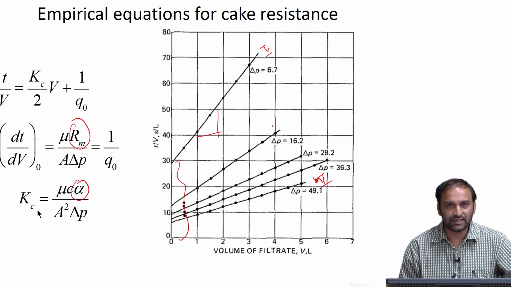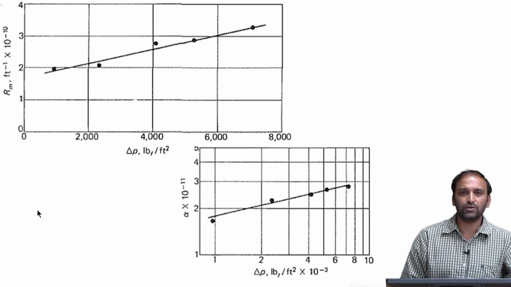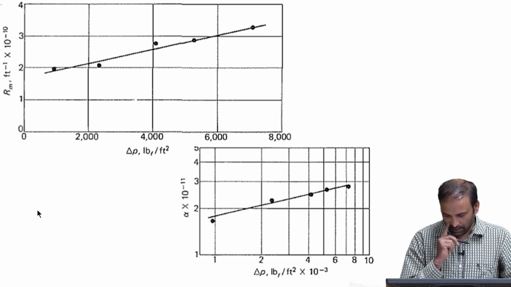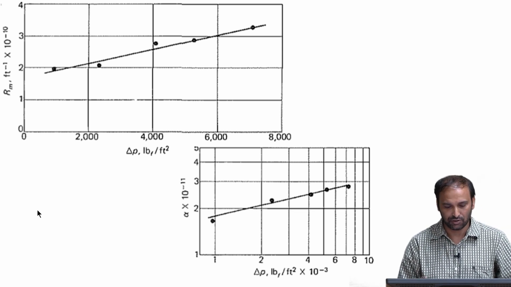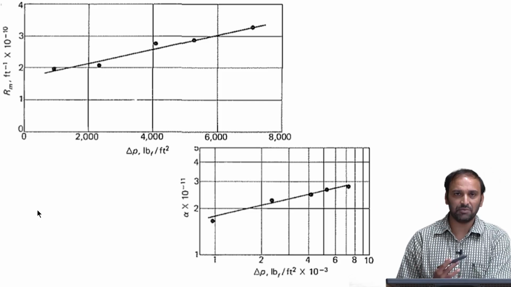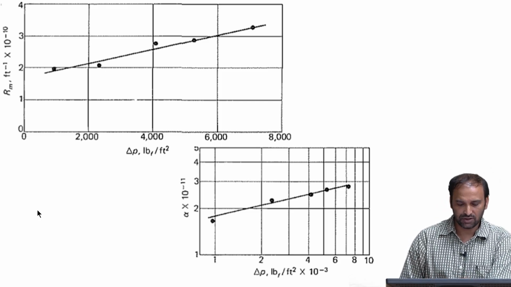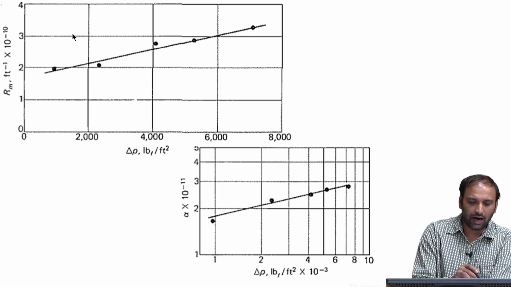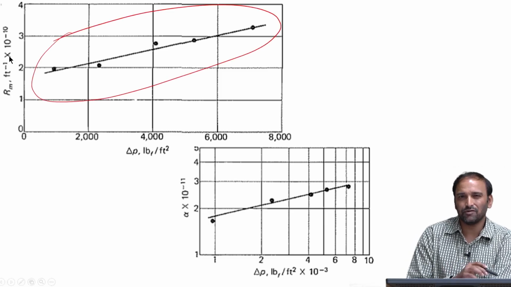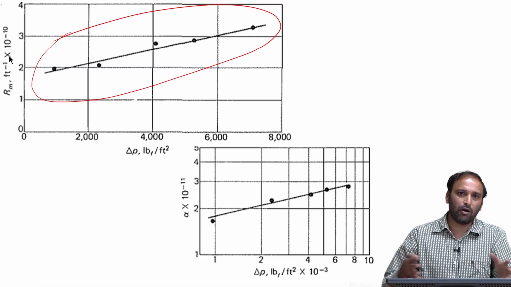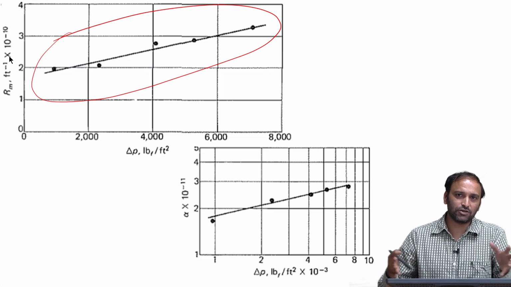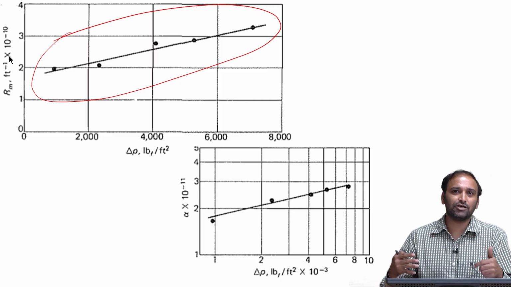Now, for this particular example, if you look at how Rm and alpha vary as a function of pressure drop, it turns out that both of them are not constant. The fact that Rm also changes is a little surprising, but you could argue that the pressure drop applied during the filtration process is so huge that there is some modification to the filter medium.